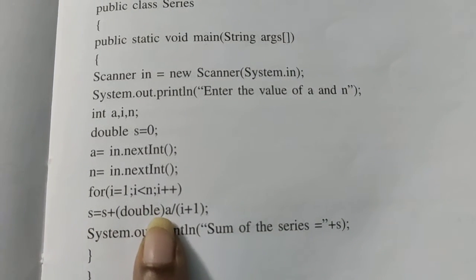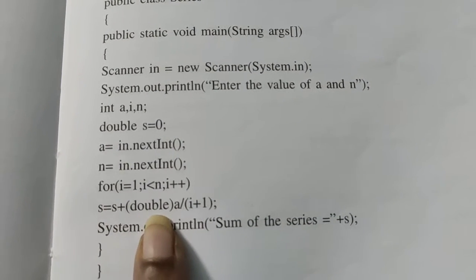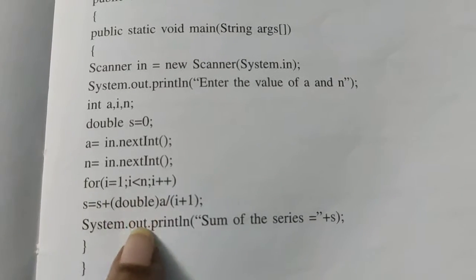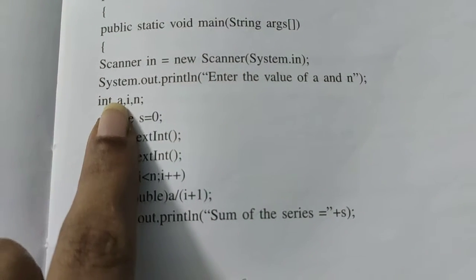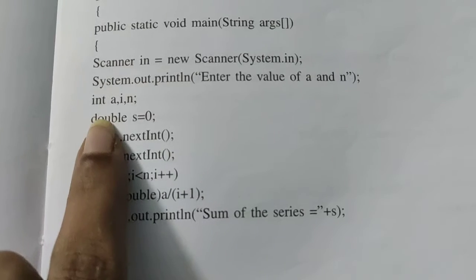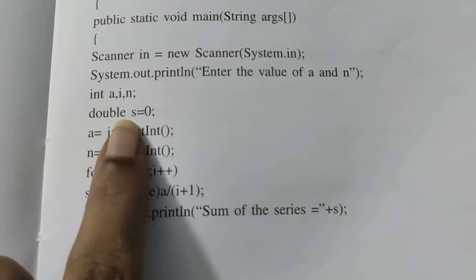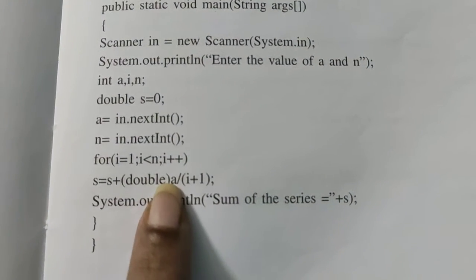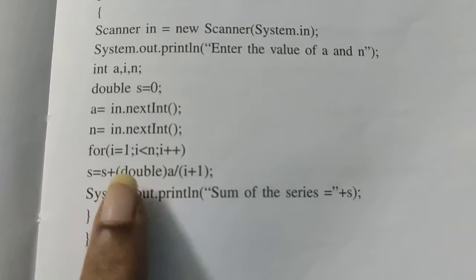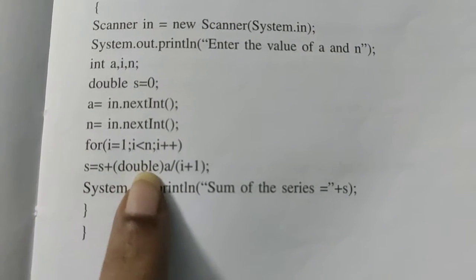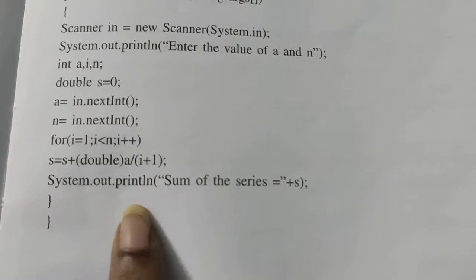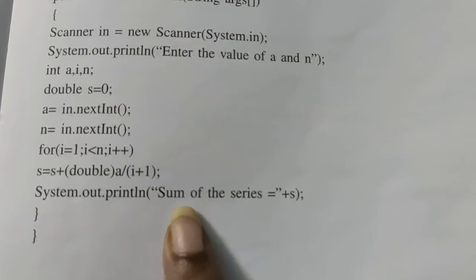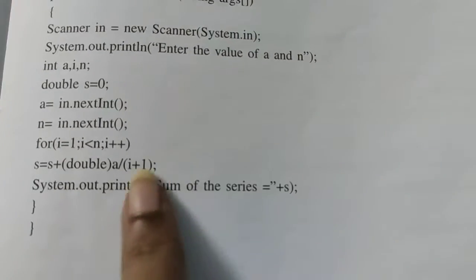And the value is going to be in decimals, right? That's why they have changed it to double, because here we have declared a as integer and s is already declared as double. So to convert this they are typecasting it to double. Then System.out.println, in this we are going to print the sum.